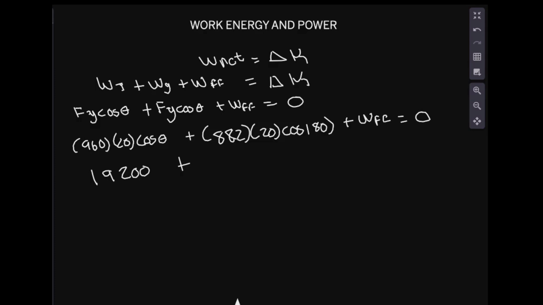Then my weight, 882 multiplied by 20 multiplied by cos 180, is equal to negative 17,640, plus work friction is equal to 0.